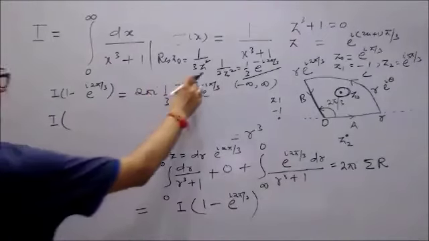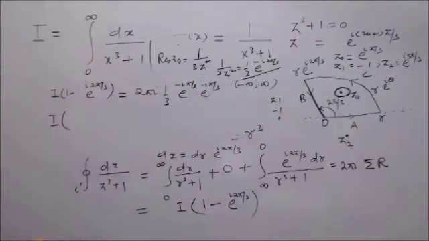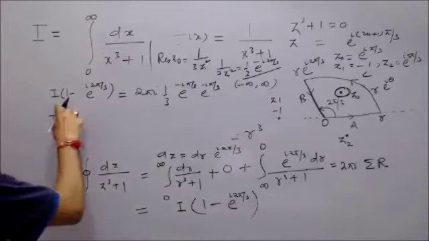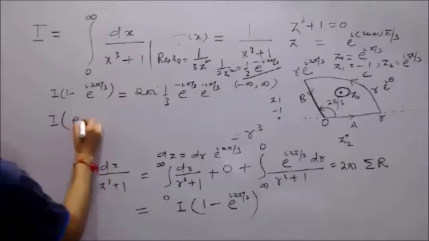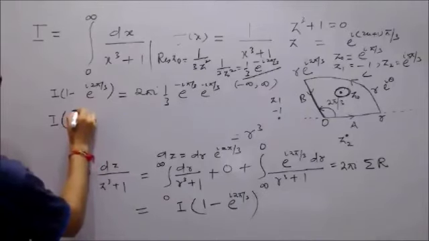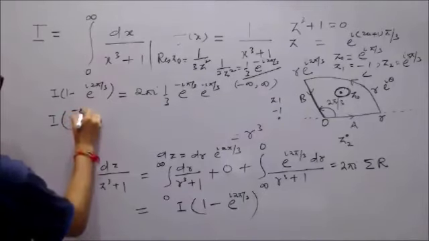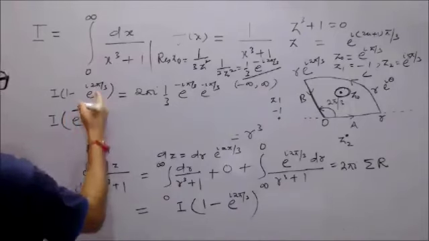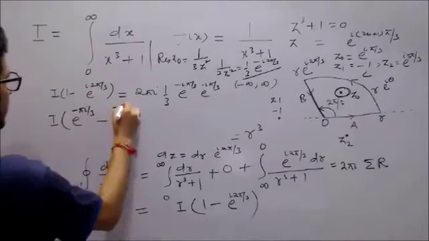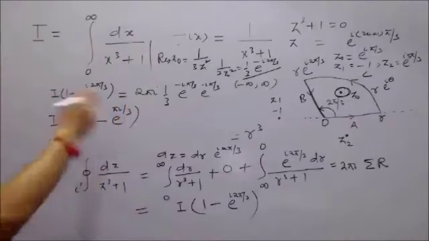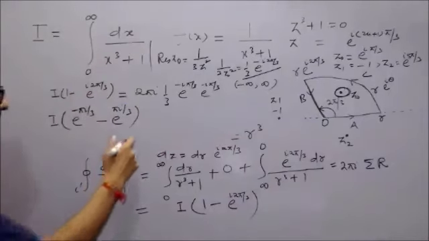So if I take this part, what will become here? I want here e to the power minus pi I by 3. Okay. So I will multiply here e to the power minus pi I by 3 so that this becomes e to the power pi I by 3. Okay. Otherwise you can just open and calculate the values.